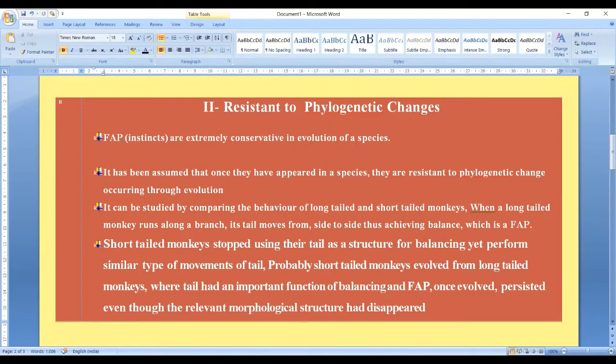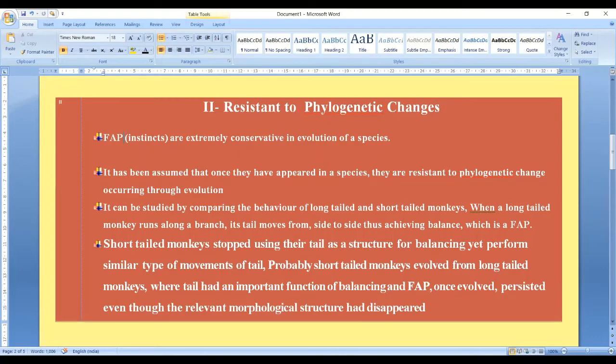Then it has been assumed that once they have appeared in a species, they are resistant to phylogenetic change occurring through evolution. How can we study this? This can be studied by comparing the behavior of long-tailed and short-tailed monkeys.